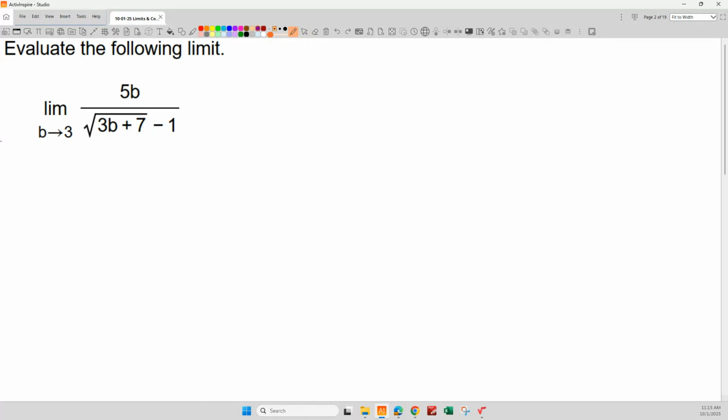So if we evaluate directly here, we get 15. So already you know you got a non-zero answer on the top, so you're going to be done no matter what, right? And on the bottom you would get the square root of 16, which is 4, minus 1, which is 3. You're done. The answer's 5, right?